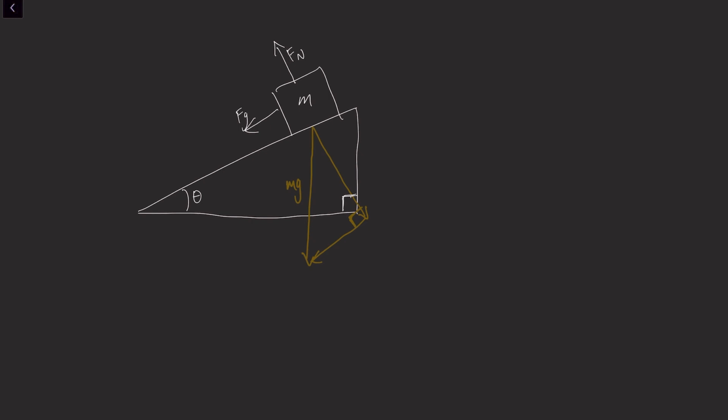So if we look at this, we see that these triangles are basically the same, just at a different scale. We have a right angle, and two unknown angles. If we match the right angles, you might have to do a little flip in your head, but you'll find that this angle here is also theta.